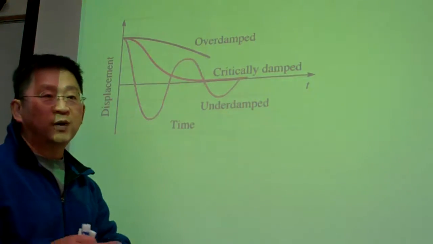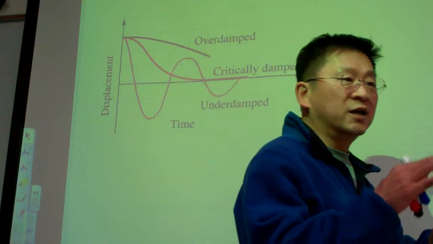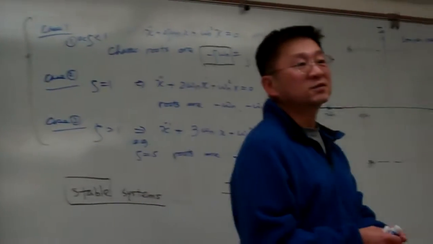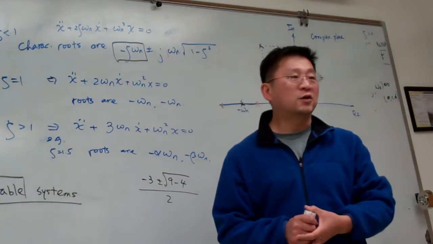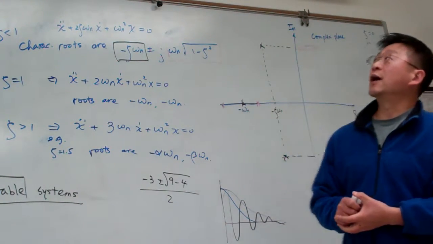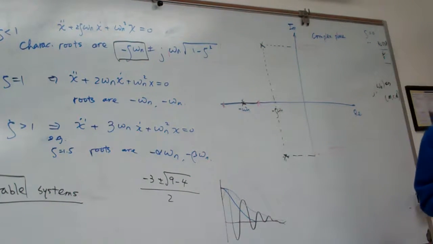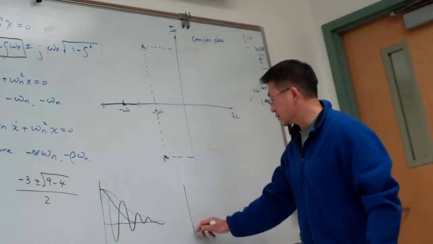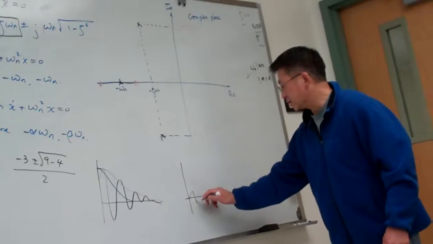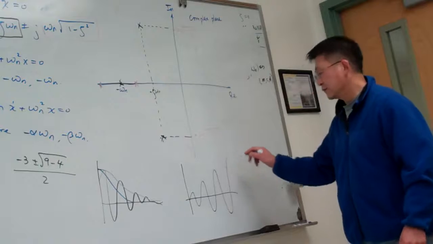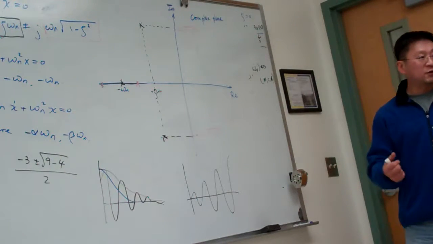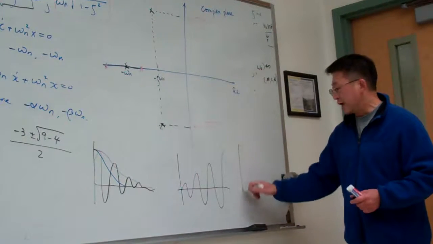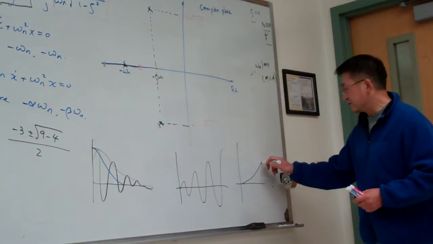So if the response x of t, the magnitude doesn't explode, it's going to converge, then we call the system a stable system. Okay, so on the other side, what is called an unstable system? Unstable system, that is the response exploded. What kind of exploded? For example, if the response is something like this, getting larger and larger until the components break down. Or without any oscillation, if the response is something like this.